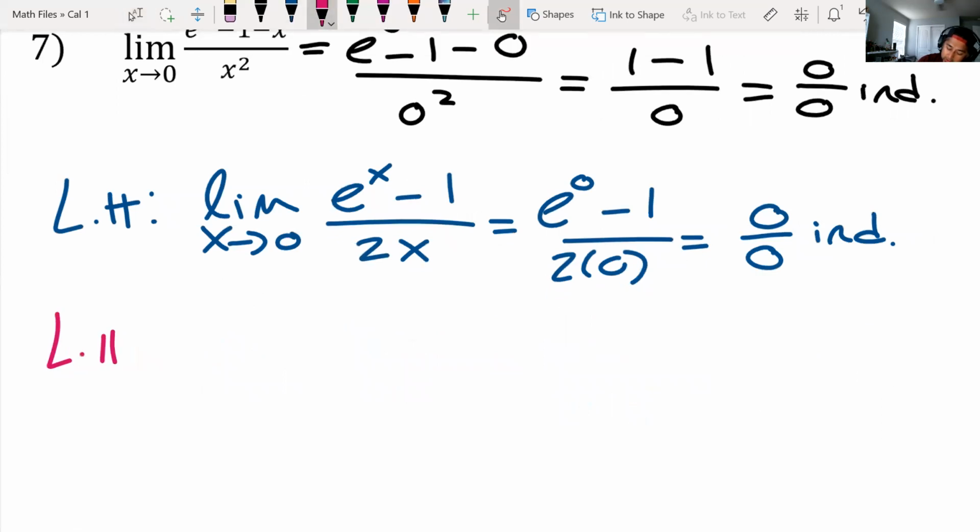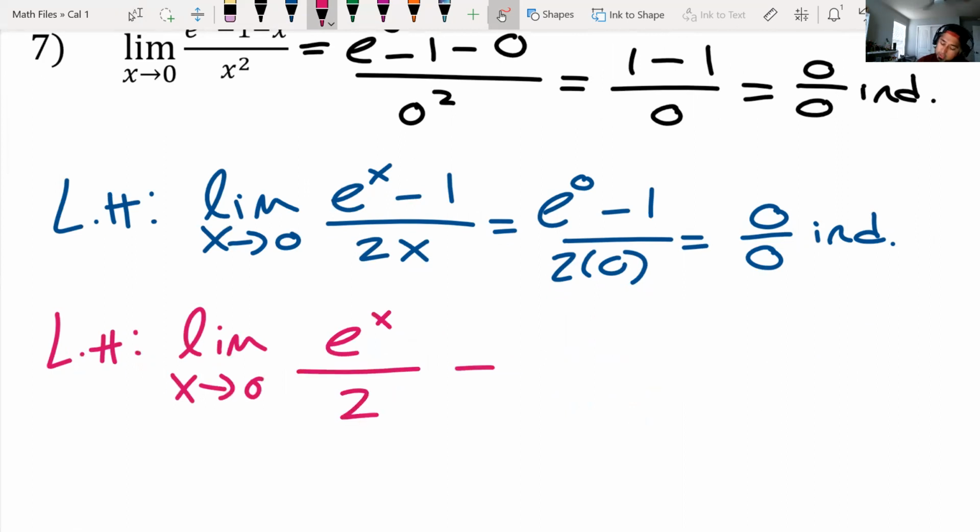L'Hopital's it again, and you'll get the derivative e to the x over 2, plug in 0, and what's our answer? 1/2. 1/2. All right.